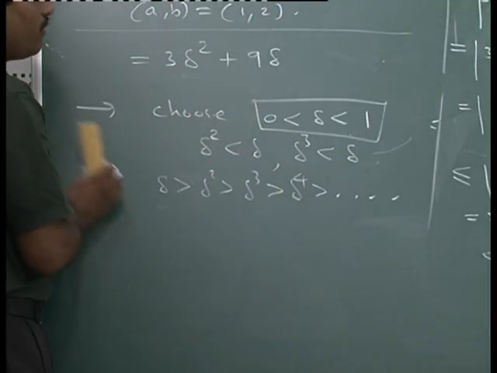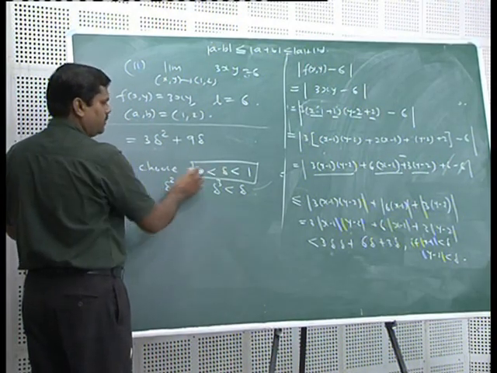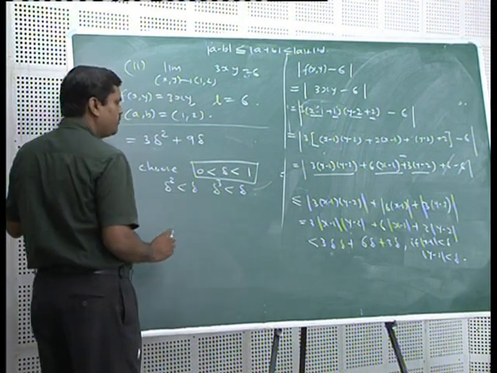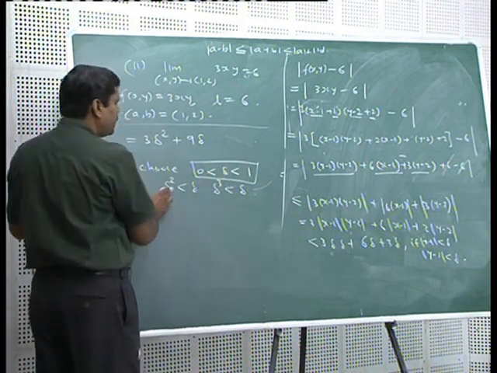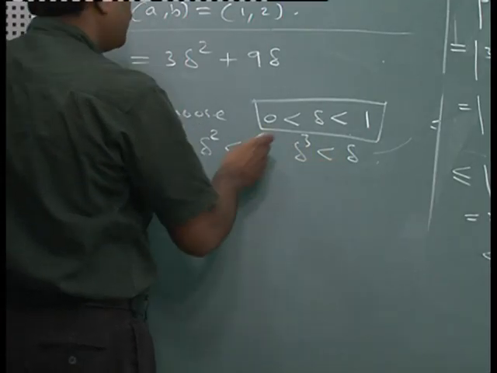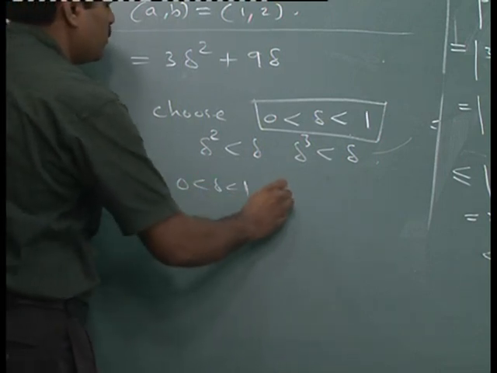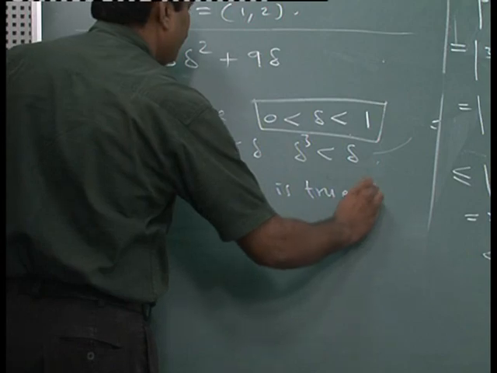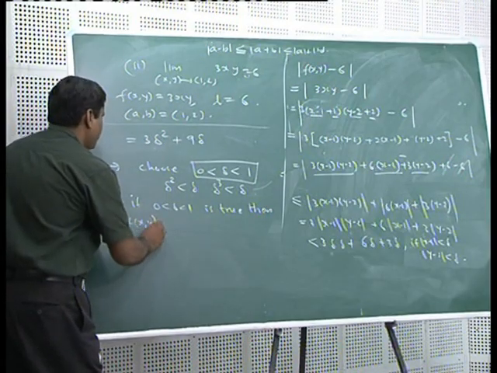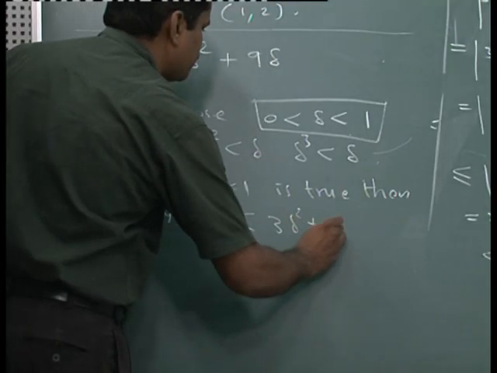Okay. So, I want to use this fact, for a number if I put a condition. So, now let us assume that our delta which we are going to select is only between 0 and 1. So, for this delta I can write delta square less than delta and delta cube is less than delta. So, under this condition, if 0 less than delta less than 1 is true, then we get our expression which was |f(x,y) minus 6|, which we got as less than 3 delta square plus 9 delta.